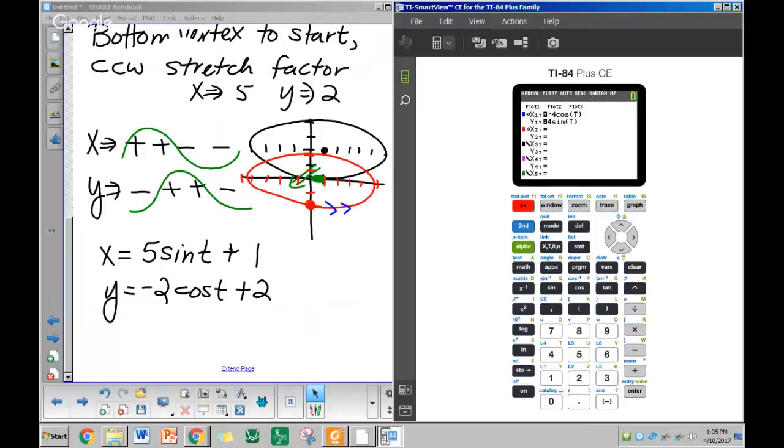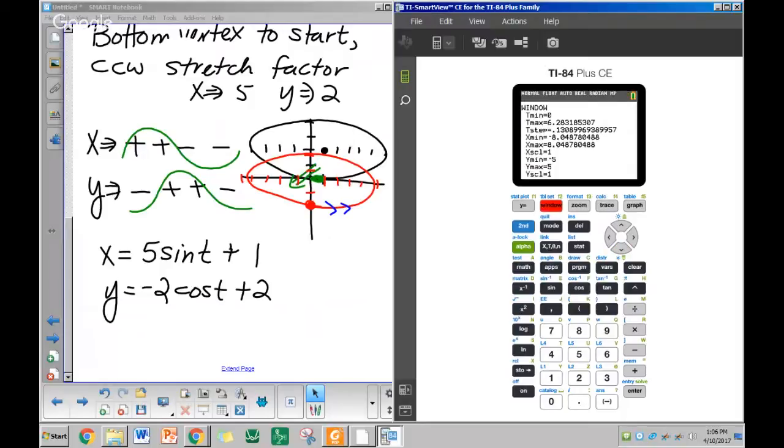All right, so let's clear this out and type in our 5 sine of t plus 1, and then negative 2 cosine of t plus 2. Now I'm going to change my window a little bit because I think I'm going to extend beyond the window I have.